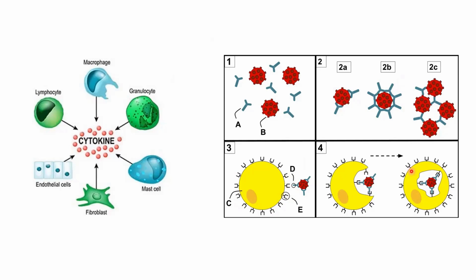So this is the difference between opsonin and cytokine. Cytokines are chemicals that are released to signal other leukocytes for better functioning. But opsonins are actually tags for the pathogen, which trigger the phagocytic cell to kill them.